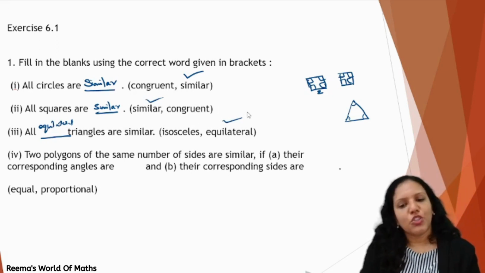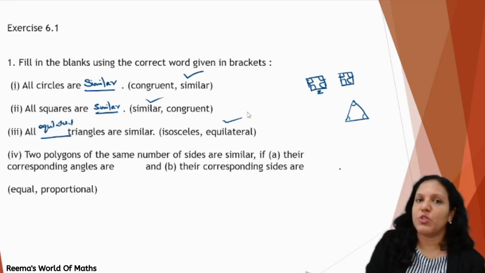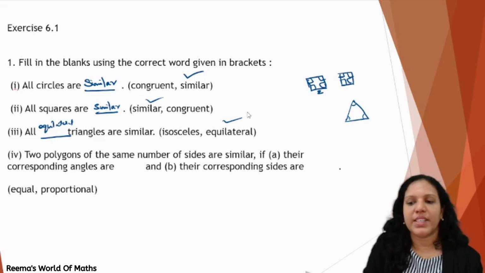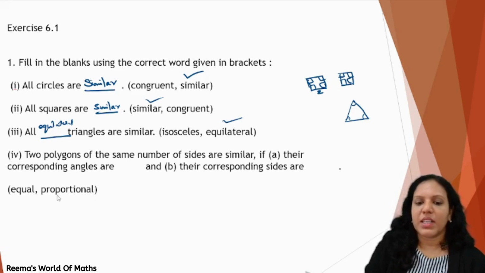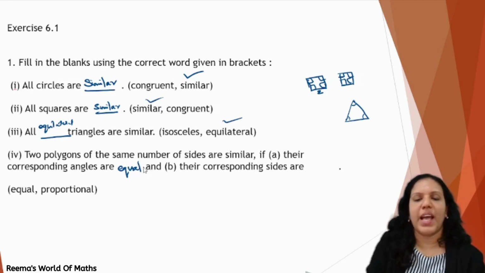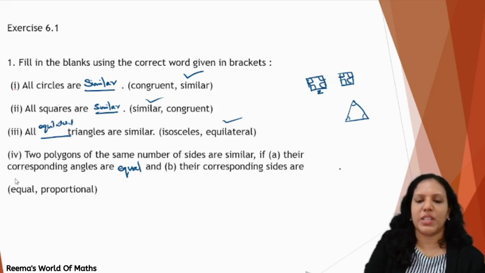Fourth question: two polygons of the same number of sides are similar if, first, their corresponding angles need to be equal, and second, their corresponding sides are in proportion.